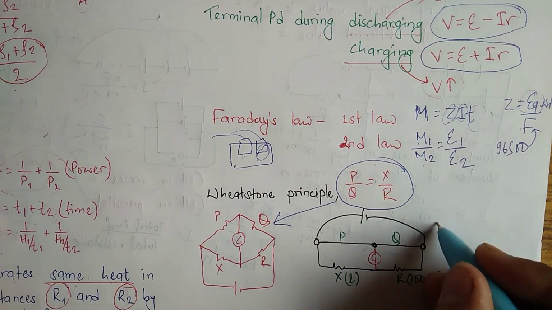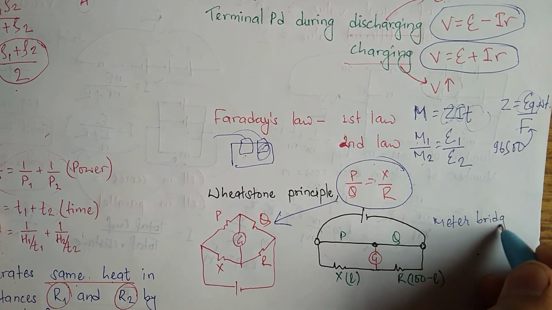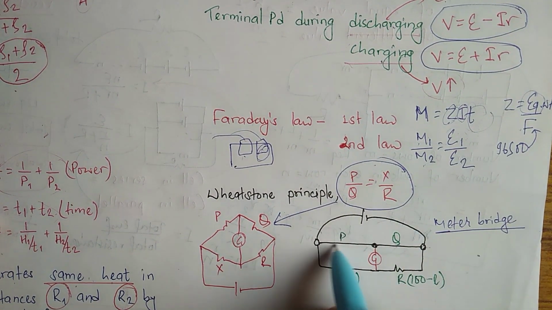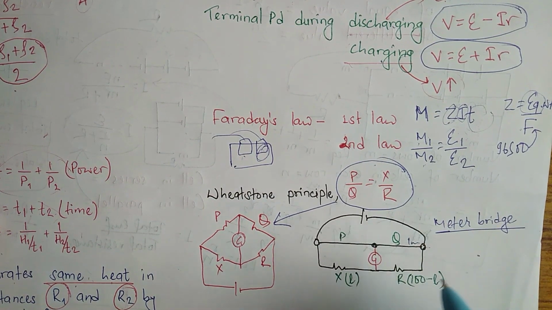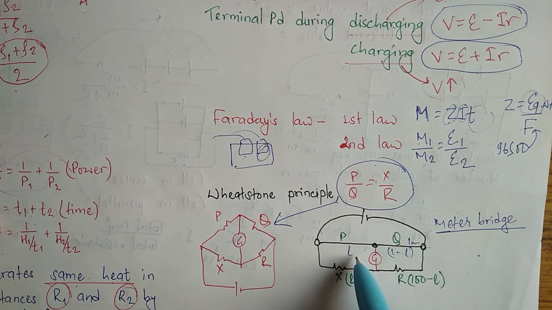So now what is this? This is a meter bridge. The total length is 1 meter. If this is L, it will be 1 minus L meter.